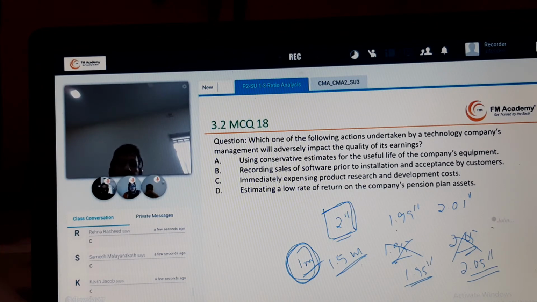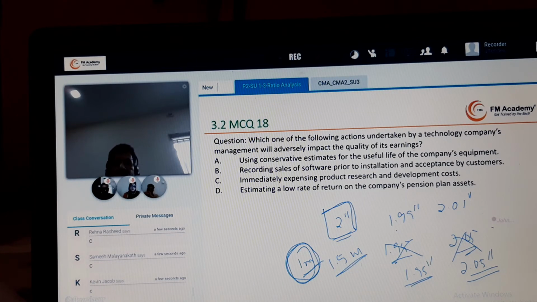So the quality of earnings means actually the more conservative the profit is, the more confident the reader is that the future year profit would be at least above that. Right? So the more conservative you are, the better the quality of earnings, you should really understand that, right?